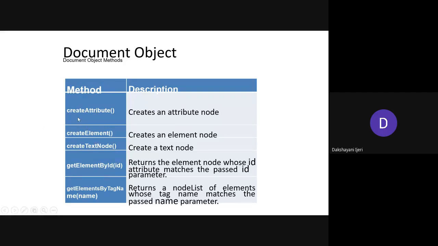So the different methods that you can use here start with createAttribute. If you want to create some more attributes without actually adding them directly into the HTML, if you want to modify it with some action by the JavaScript, you can do it by using the createAttribute method.